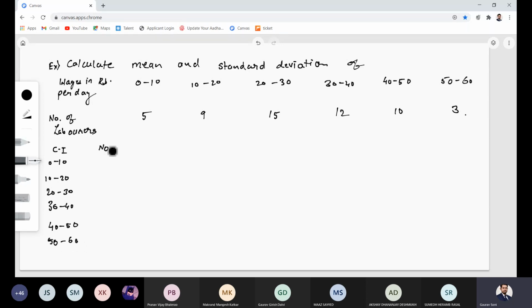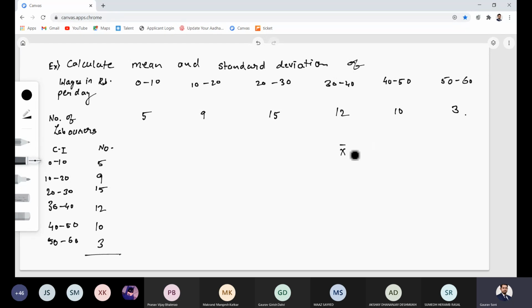And we have the number of laborers as 5, 9, 15, 12, 10, 3. This is the frequency. So the sum of the frequency we'll have to find out. What are we supposed to find? Mean and the standard deviation.